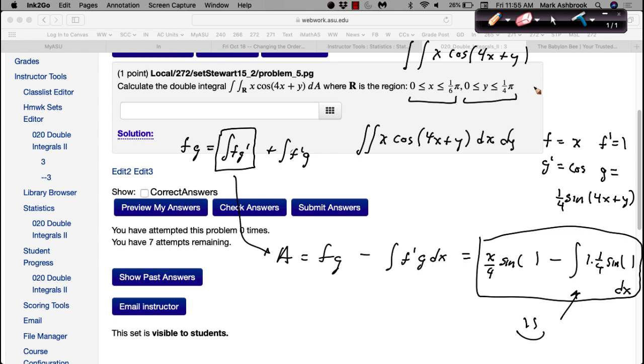Okay, did that help? If you do y first, on the second time around you'll still have to apply this technique when you get to the x eventually. Hopefully that helps refresh your memory on that.